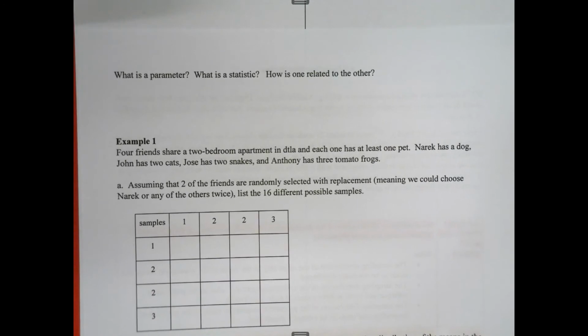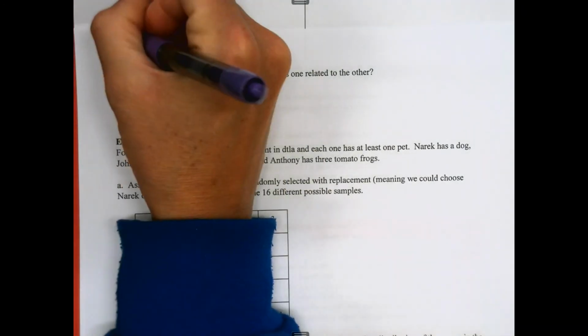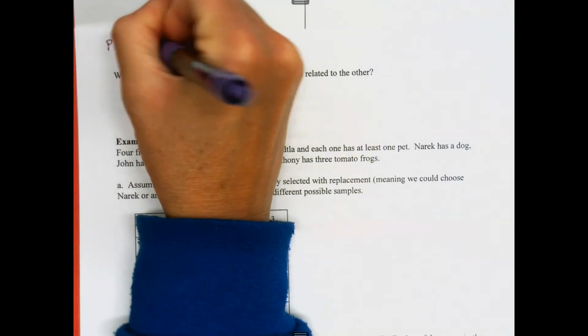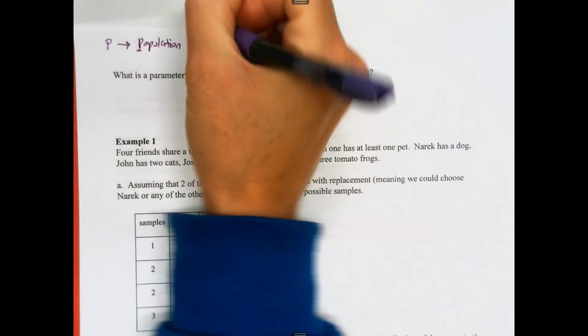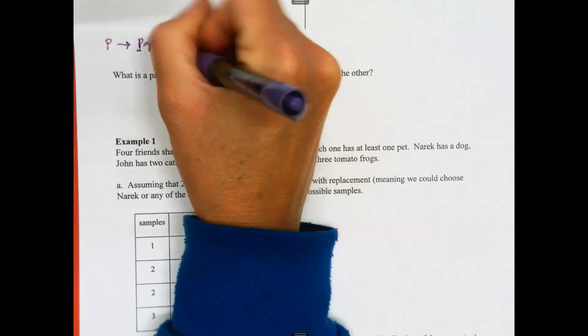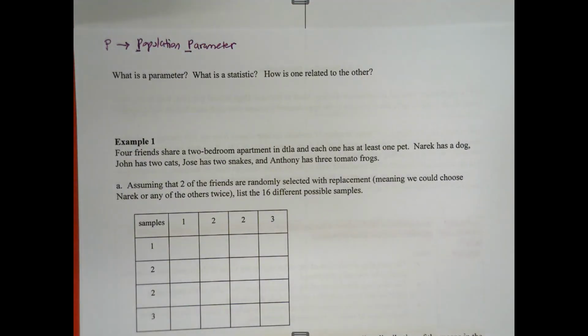We usually use P to represent population parameter. So think P, population, and parameter. And then we talk about S being our sample statistic.